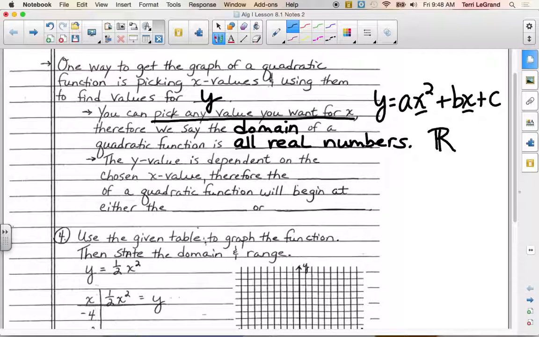What do you think? What if x in the quadratic function was representing time? Does it seem reasonable that we would say x could be the whole number line, all real numbers? I got some head shakers, yes. I got some head shakers, no. Somebody want to justify their position on this?